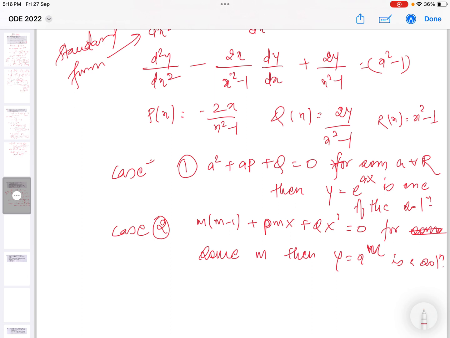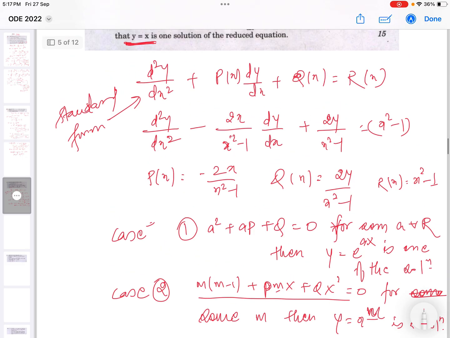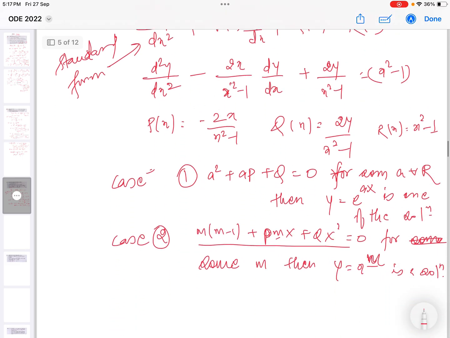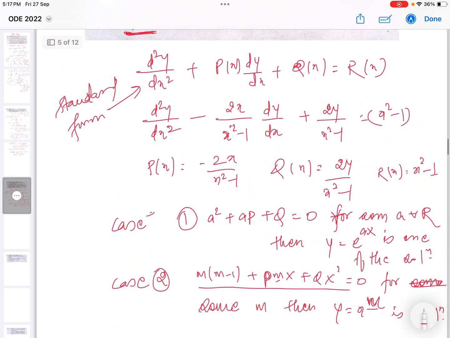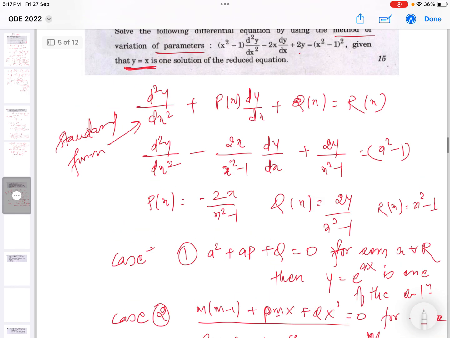So if you put y equal to x, with m equal to 1, you will find that this entire equation becomes 0. But we do not have to show that because it has already been given.